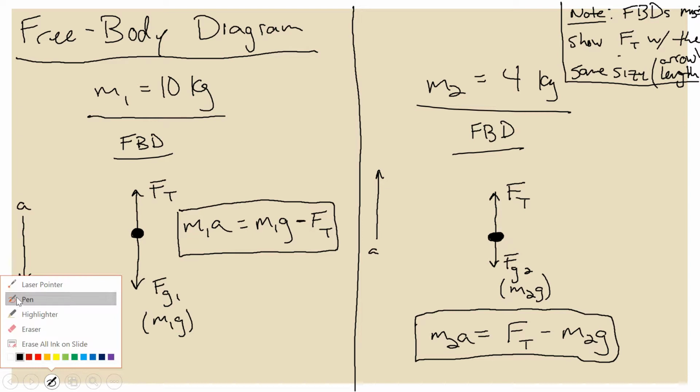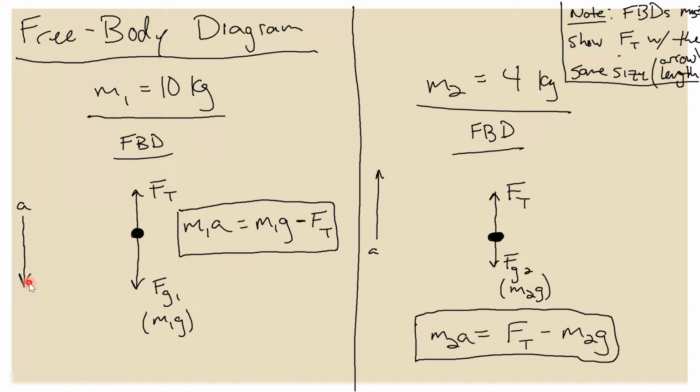What you hopefully notice, and if you didn't it's important to recognize, so you may want to write this down: in these problems, the objects always accelerate in the same direction, or really opposite directions from your reference frame, one goes down, the other goes up.